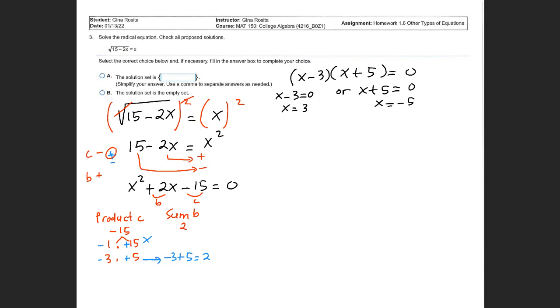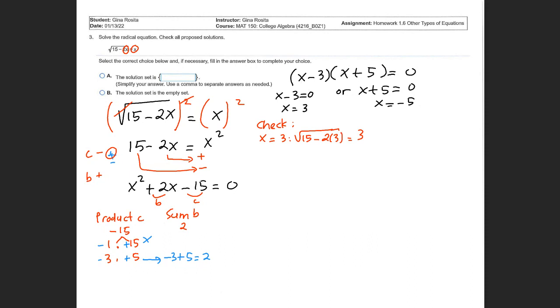So because this is a square root, we have to check one by one. Okay, check. For x equals 3, we just plug in now. Square root of 15 minus 2 times 3 equals 3. You just change x with 3.